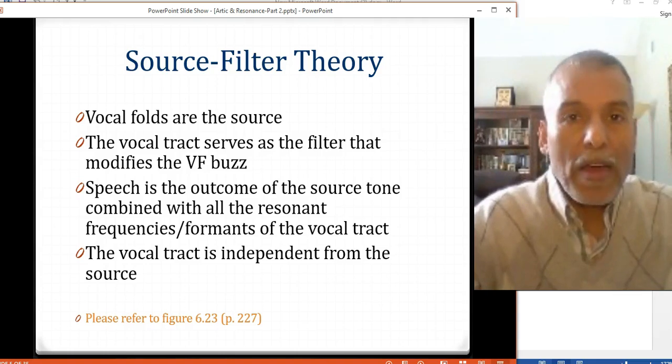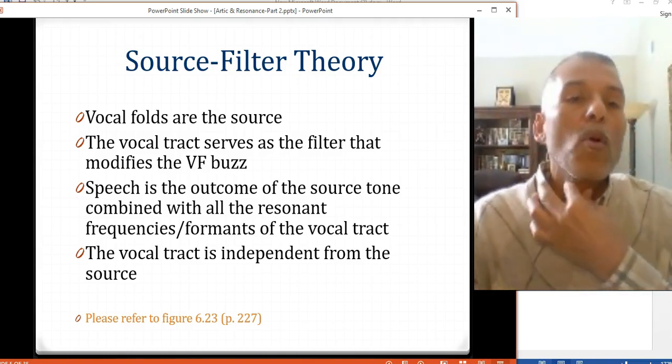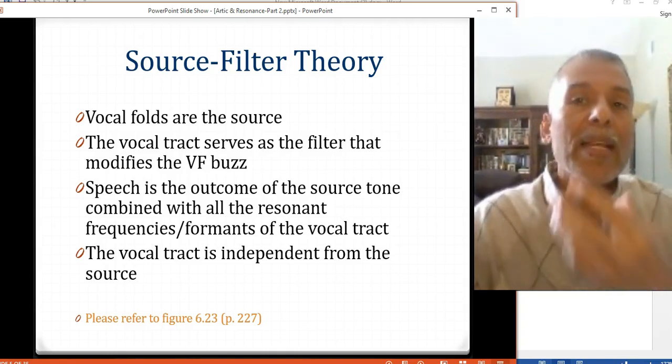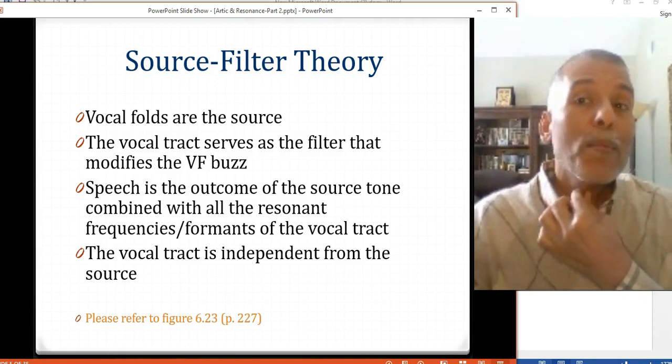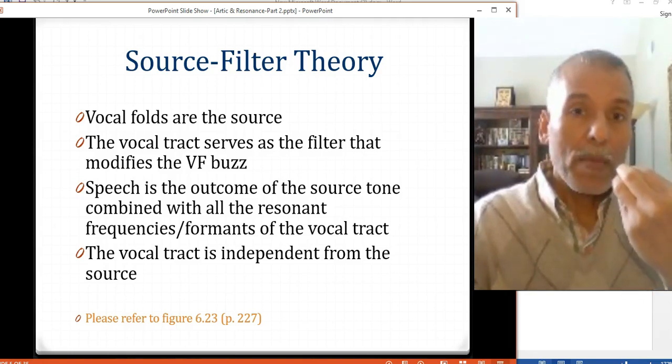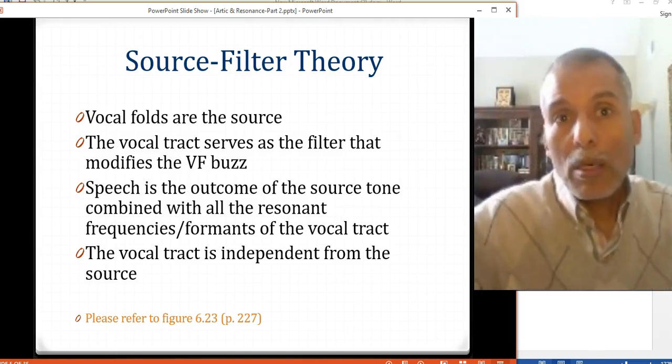So you make a vowel like E. Okay, so I'm holding the source steady. E, and then as I'm holding it steady, the same buzz, I'm going to change the vocal tract mechanism, and it is going to create a whole different thing.